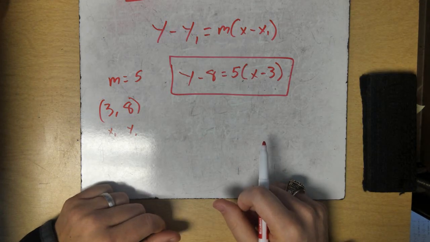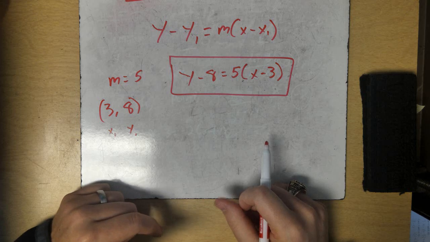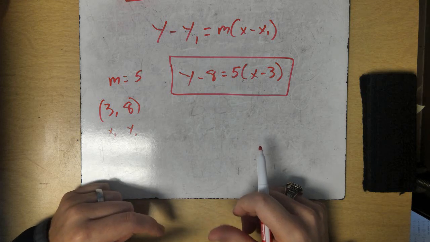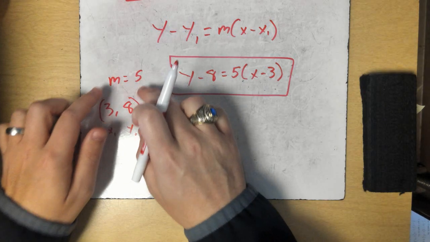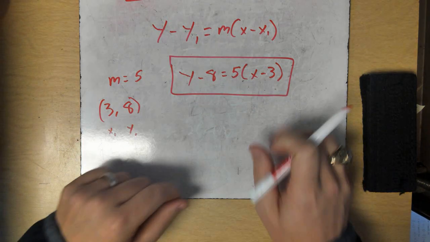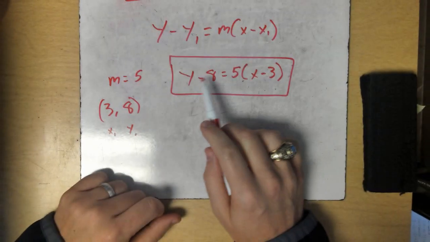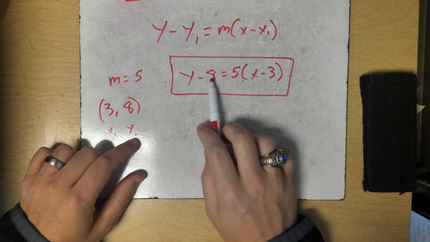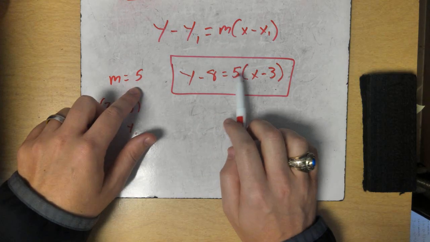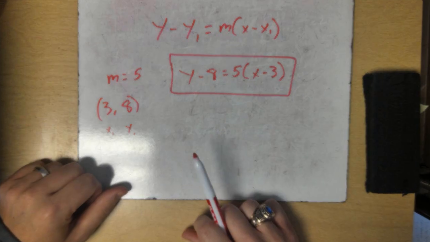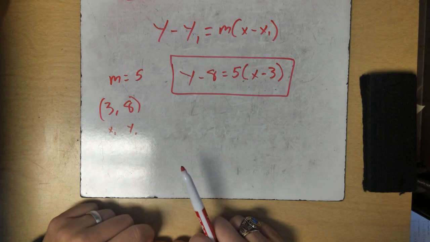That's all we have to do. Like I said, we're not solving anything, we're not trying to prove anything. All we're doing is taking the information it gives us and plugging it into our equation. We only used our y1 is 8, our m is 5, and our x1 is 3. That's all we have to do for this one.